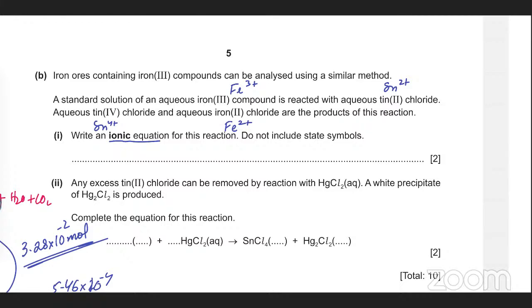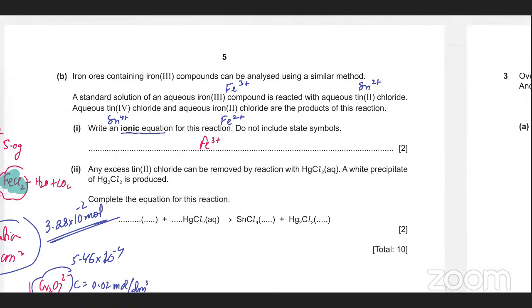So we're going to give him the ionic equation, which is Fe3+ reacting with Sn2+, and it's forming Sn4+ and Fe2+.